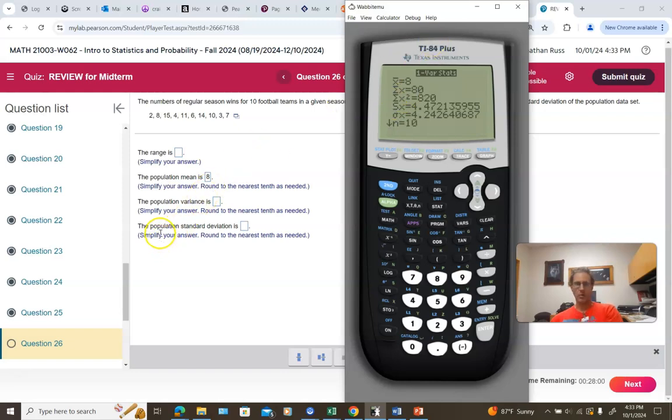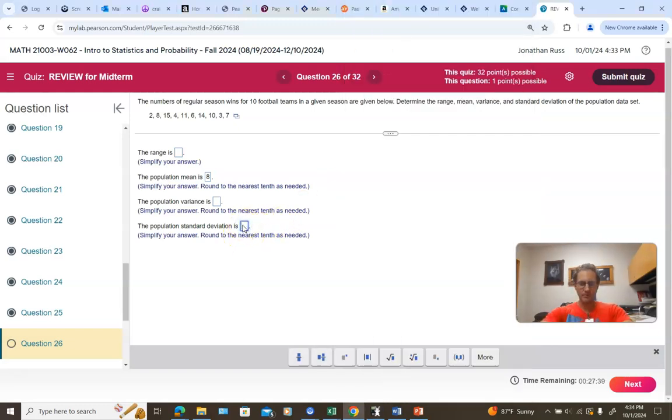Okay. Well, we are talking about a population, so it's going to be 4.2. It says round to the nearest tenth, so 4.2. So make sure you understand that, guys, because if you treat this as if it were a sample, you're going to miss this one. So it's 4.2.